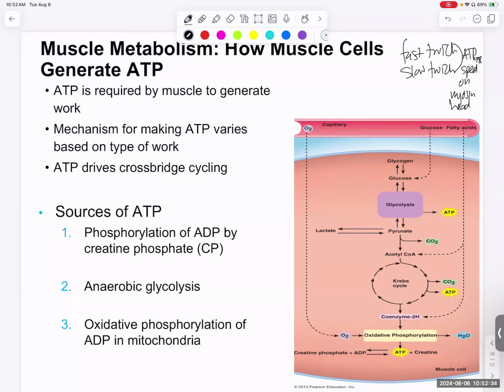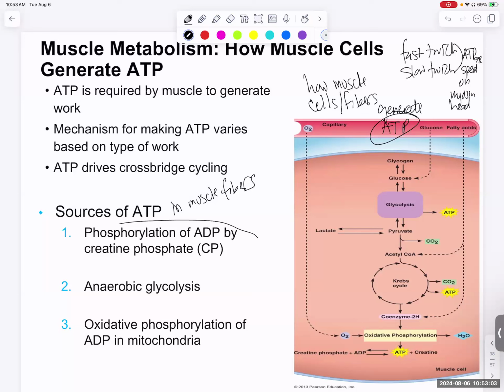But there's also how muscle cells generate ATP because we need ATP, right? You can have that motor neuron being stimulated, but if we don't have ATP, that muscle fiber is not going to cross bridge. So what are our sources of ATP in muscle fibers?